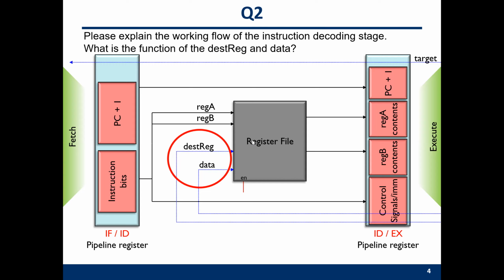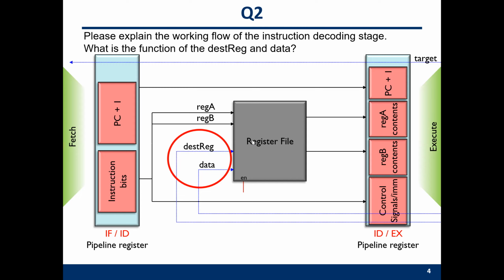Assume that you have an instruction like this. You need to read the data for A, and the destination data of C and the register name of C.